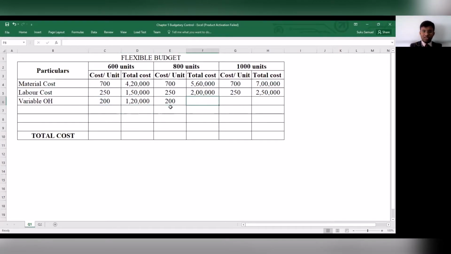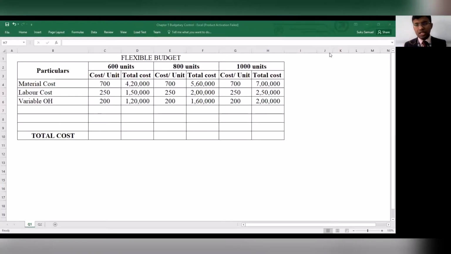And here it will be 200 into 800, which makes it 1,60,000. Then here it will be 200 into 1,000, which makes it 2 lakh. So we've completed the calculation for variable overhead as well.